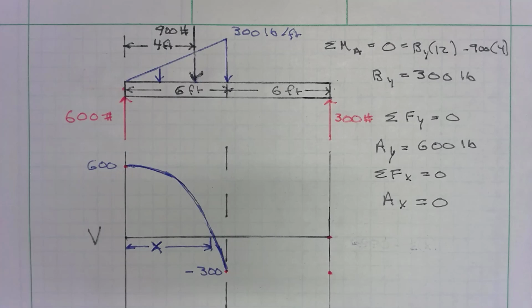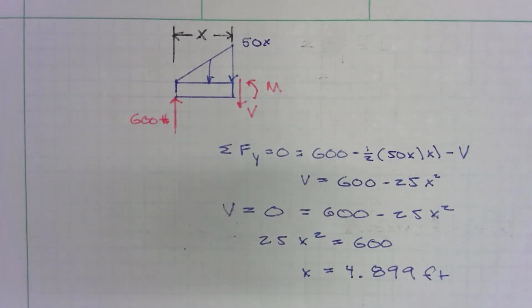Now we have to find out where x is. So we're going to break that out, and I'm going to show you a section view of this. Here we have the resultant force written at 600 pounds. We have x, which we don't know yet. That's what we're going to try to find. And you'll notice I have 50x. Where do we get 50x?